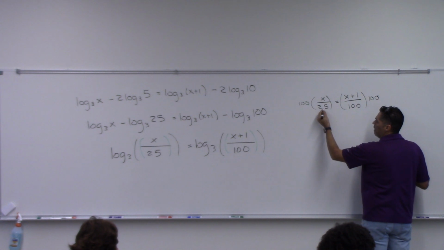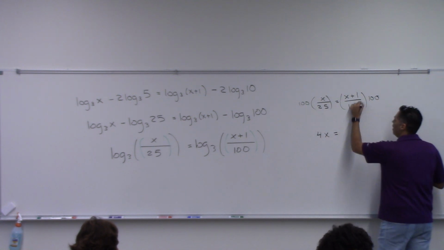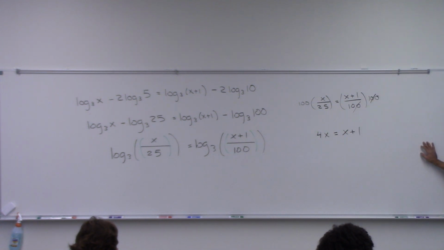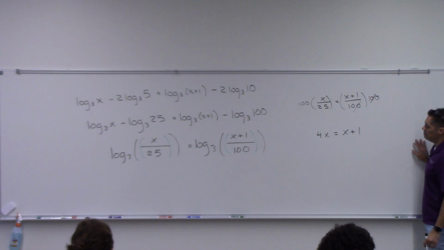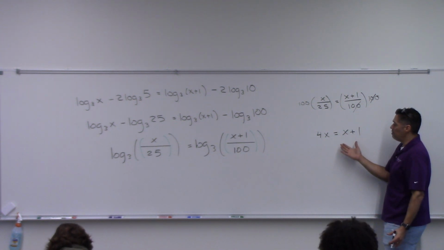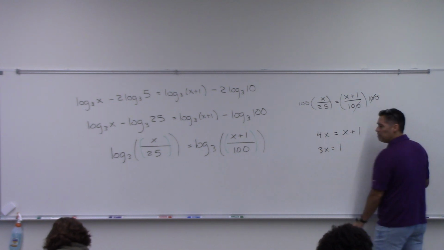100 divided by 25, 4. 4x equals, the hundreds go away, you get x plus 1. Can you solve that equation? I hope so. This is linear. It's not even quadratic. It's even easier, right? We just subtract x on both sides. You get 3x equals 1.